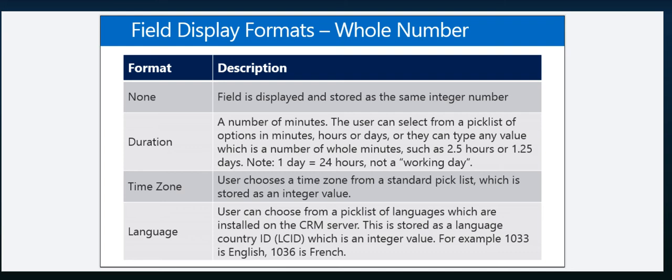Or type in 2.5 hours, and it'll also have a little drop-down box so they can basically select from a list of different duration options: 1 minute, 5 minutes, 15 minutes, 1 day, etc. that they can work with. Time zone will let you pick a time zone, which is stored in there too. And you can also include a pick list from the different languages which are installed on your specific CRM organization.